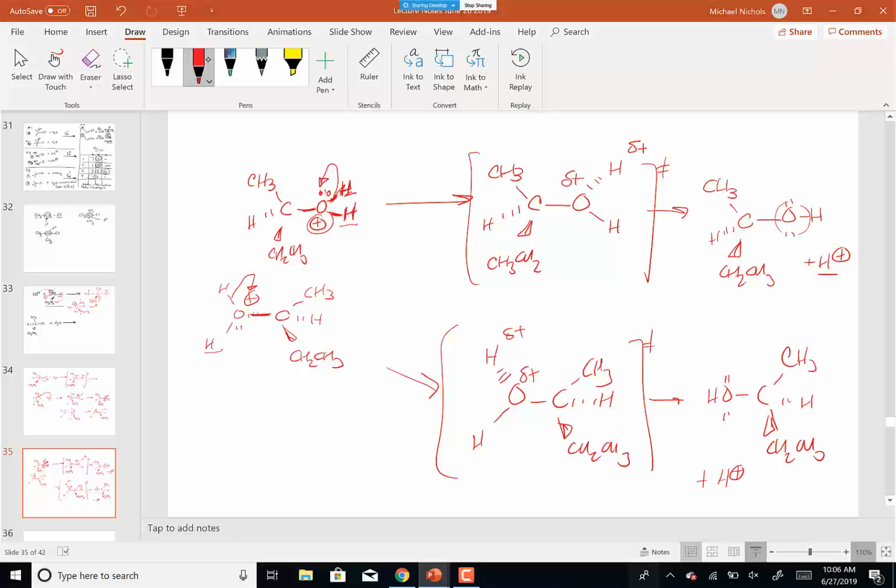But in the final product, I'm going to want to see both the R and the S products. So if you wanted to leave out the top part of this mechanism or the bottom part, that's fine, but I'm going to want to see both R and S configurations of the products. That would be what I would ideally like to see.